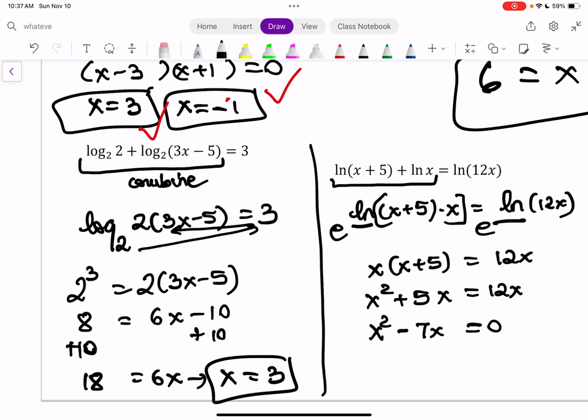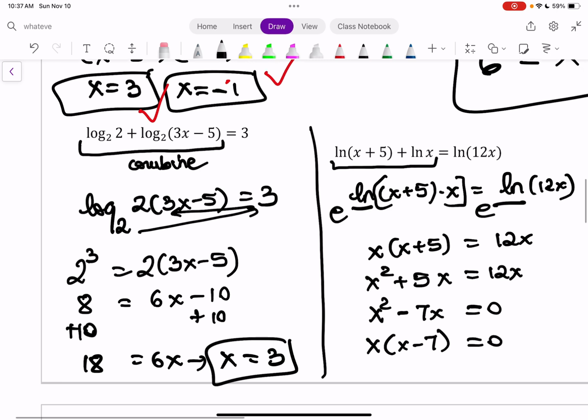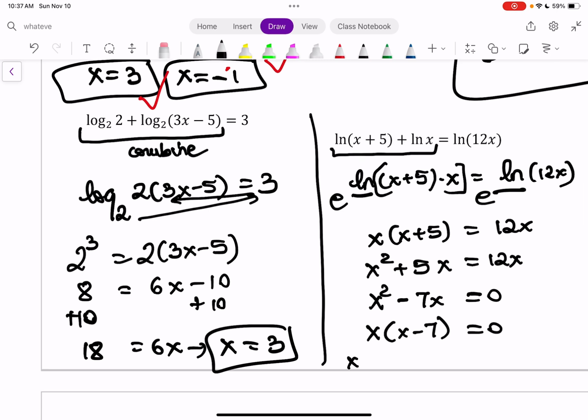I'm going to move all terms to one side of the equal sign, as we do with quadratic equations every single time. And then I'm going to factor, and this time I have an x as the greatest common factor. And the two possible solutions are that either x is 0 or x is 7, right?